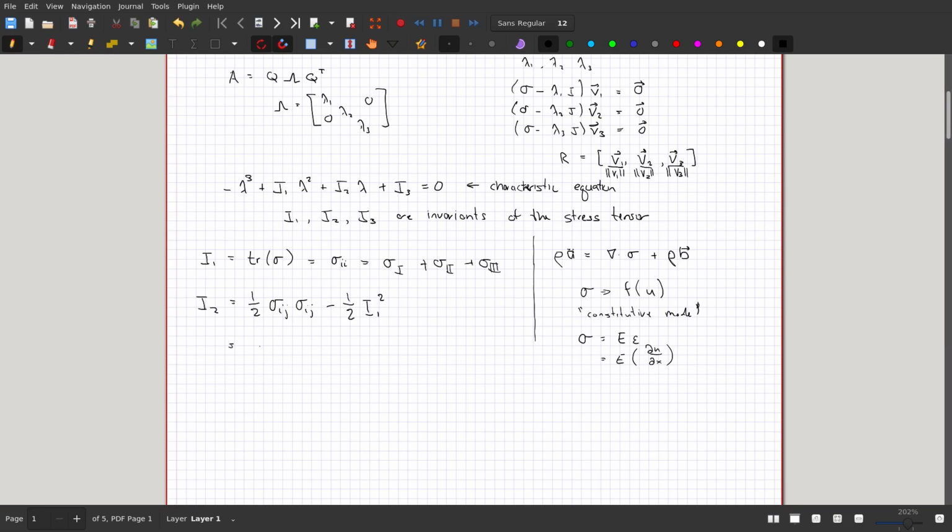Or in terms of the principal stresses, sigma 1 times sigma 2 plus sigma 1 sigma 3 plus sigma 2 sigma 3. So again, using index notation, we sum over i and sum over j, it's a double sum here, so this results in a scalar value, right? And then this is just that I1.